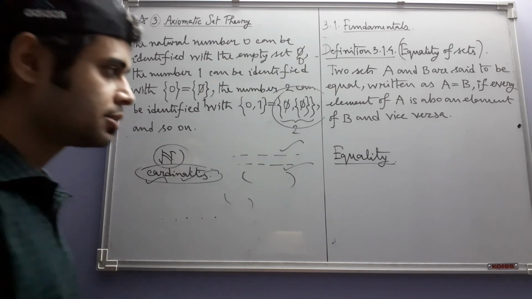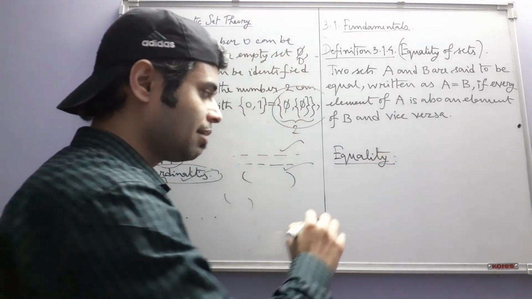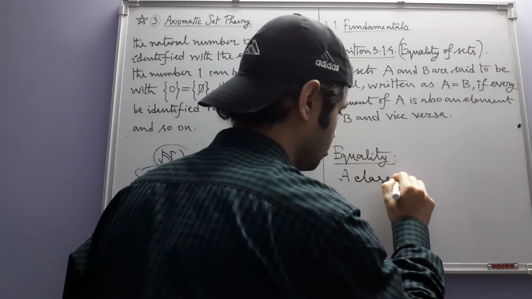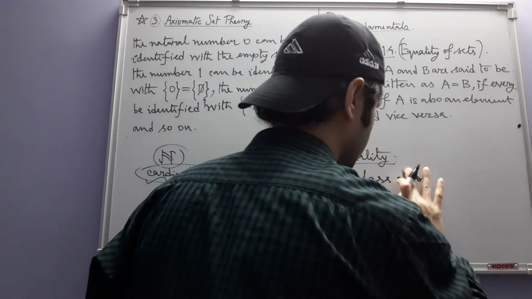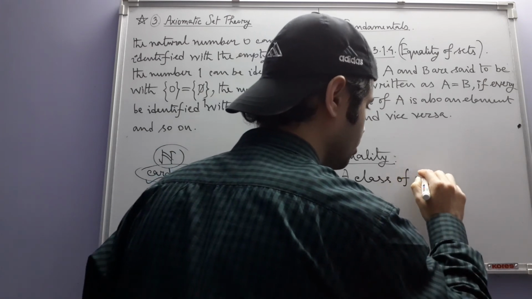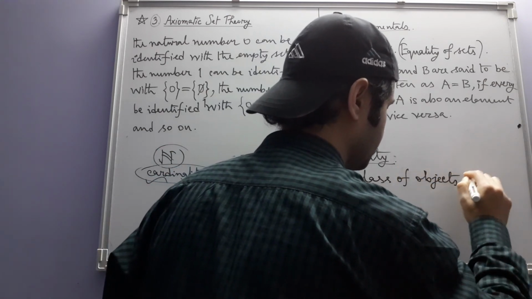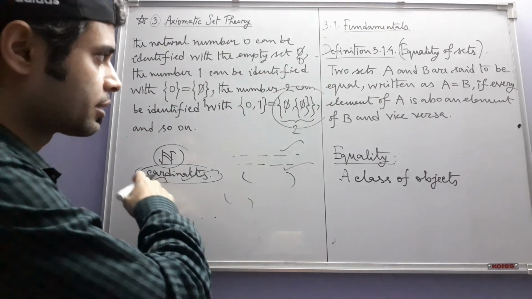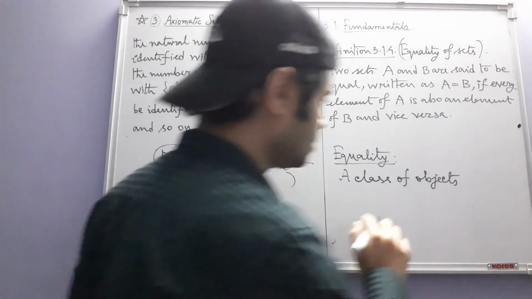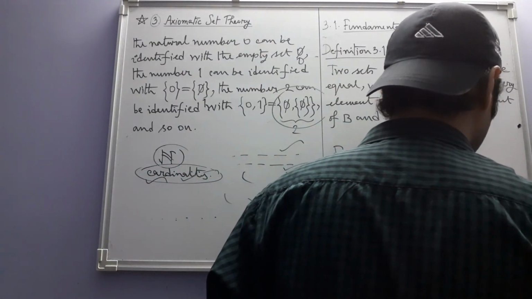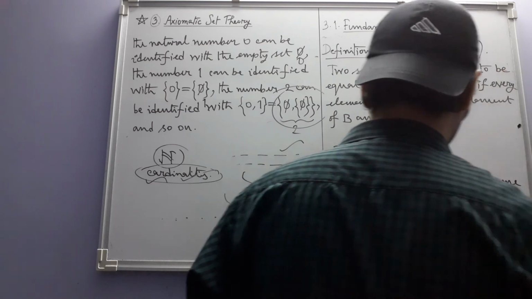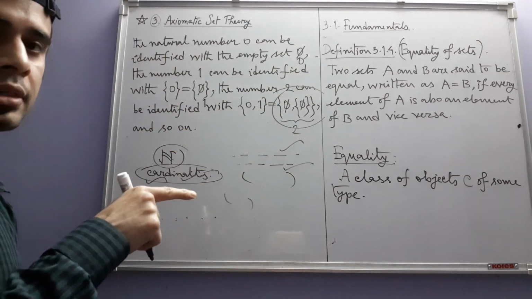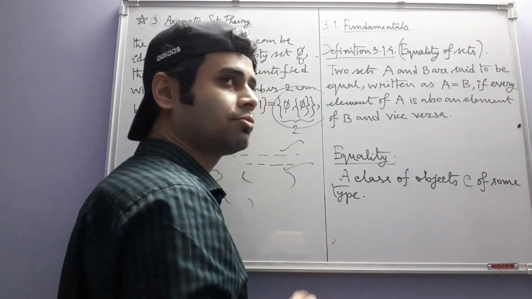But the question is, if I have a class of objects of some type, say the class of all sets or the class of all natural numbers, a class of objects C of some type, and in this class I have the notion of equality.